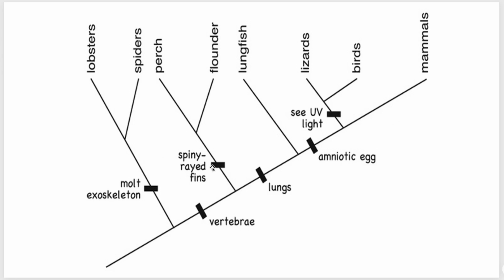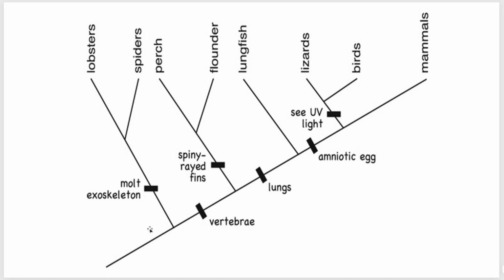You'll be asked questions about what's more related, what's more distantly related, and what traits organisms share. Any organism past a trait has that trait and all of the traits before it. So for example, let's pick an organism: birds. Birds are up towards the top right of the cladogram, and any trait before it they're going to have, because it passes it as you get there.